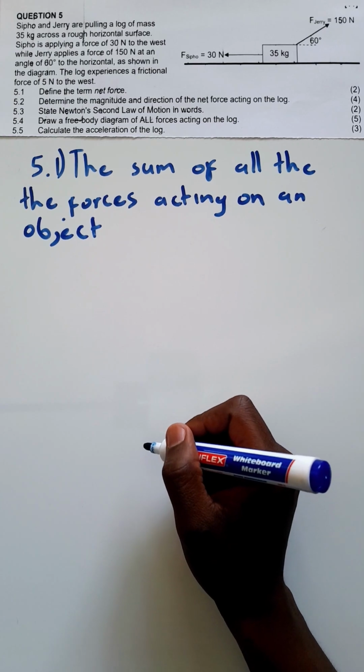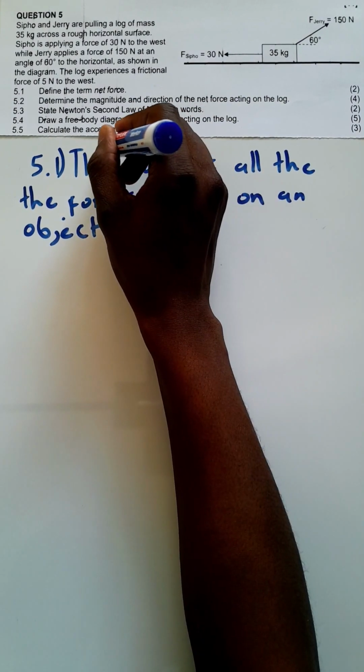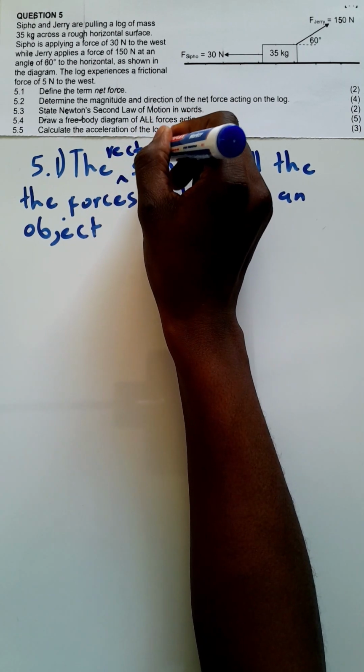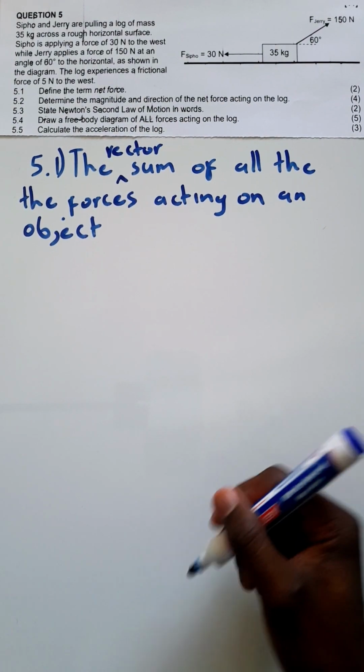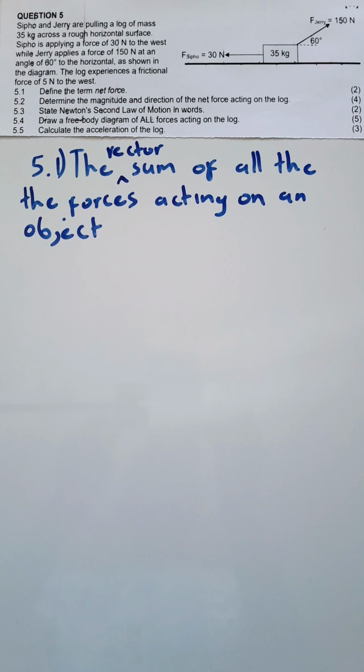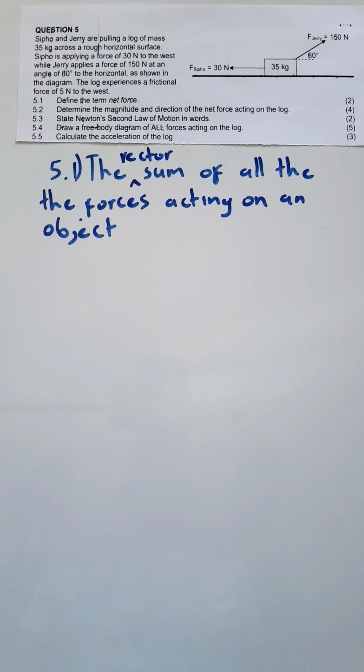The sum of all the forces acting on an object is the vector sum. The vector sum of all the forces acting on an object is the net resultant force. Net force or resultant force.